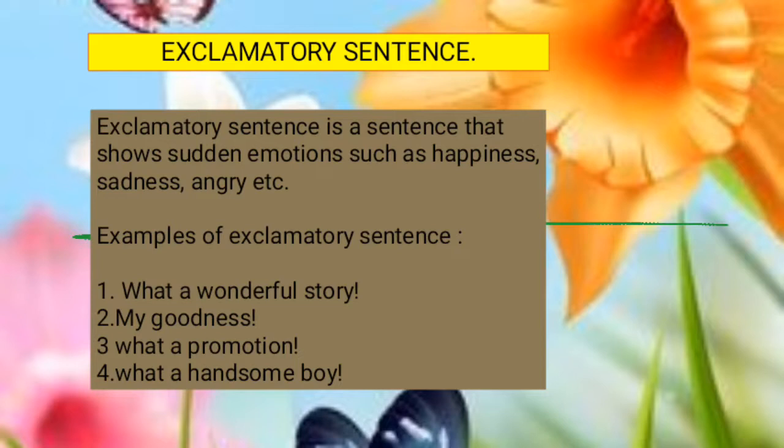It's showing an emotion of something. My goodness! What a promotion! What a handsome boy! You see, all these examples which are given there, they are used to show emotions about something.